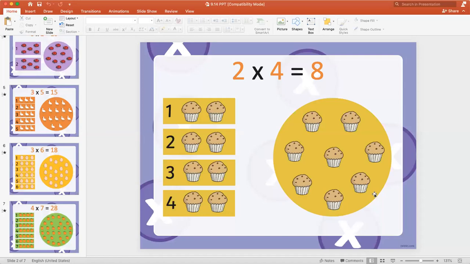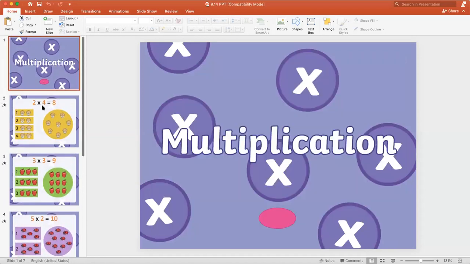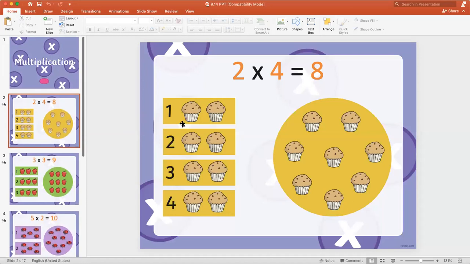So let's take a look at something we both understand. First, let's take a look at this one. How many cupcakes are there? So we have 1 set of cupcakes, 2 sets, 3 sets, and 4 sets, right?